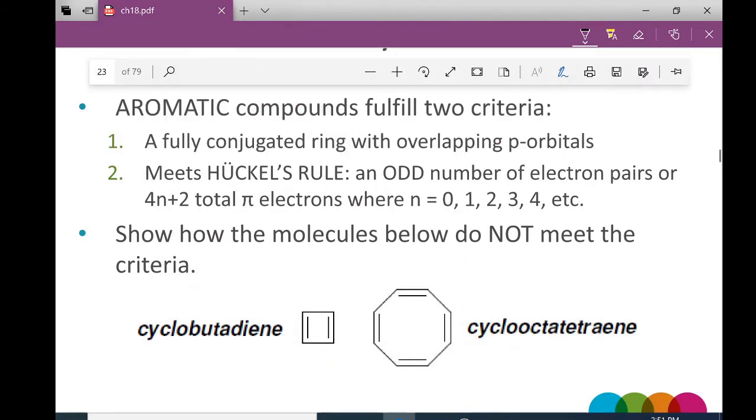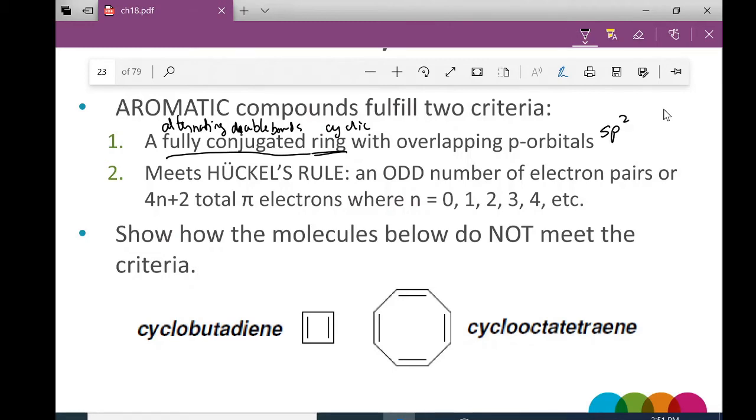Aromatic compounds have to fulfill these criteria. They have to exist in a ring, okay? In other words, they have to be cyclic. The ring has to be fully conjugated. What does that mean? So let's write down cyclic. It means alternating single and double bonds. I'll just write down double bonds for space. Alternating single and double bonds with overlapping p orbitals.